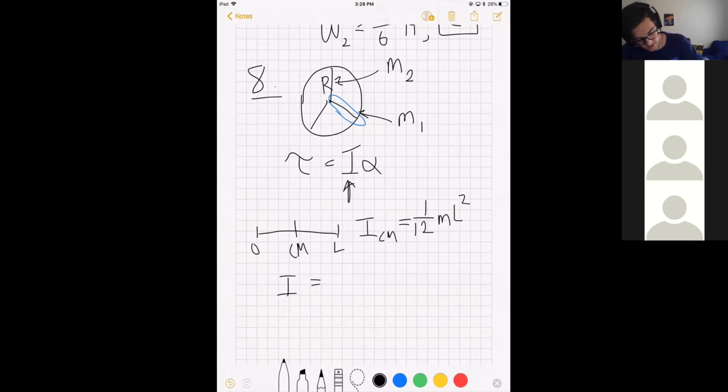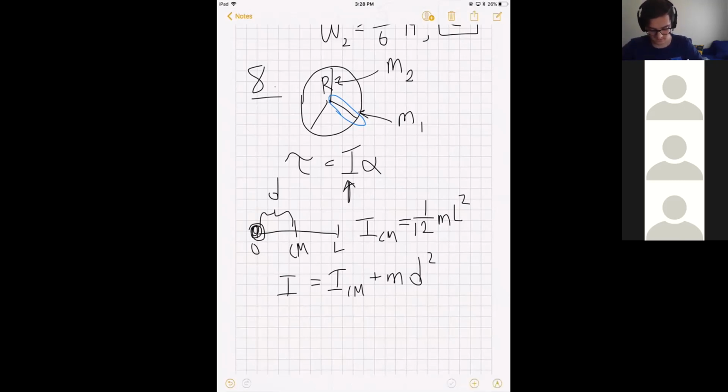It says that our new moment of inertia is equal to I sub CM plus m times d squared. Here d is this distance, because we want to pivot about this point. So d is L over 2 in this case, but in general it's just the distance from the center of mass to your new pivot point.